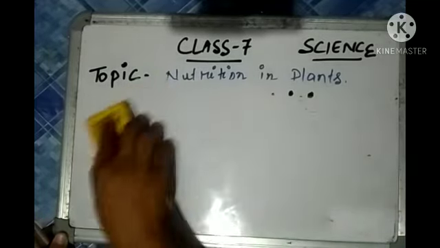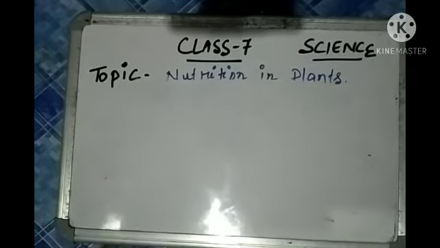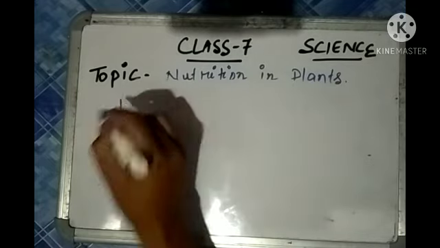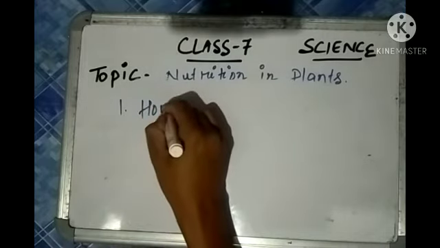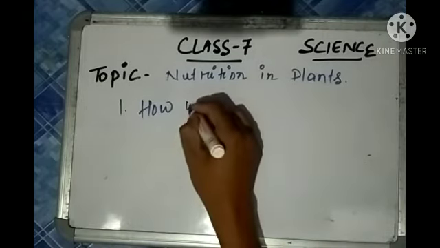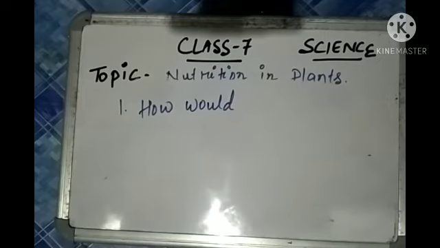Now, evaluation part. In order to check whether you have understood the topic or not, you have to evaluate yourself. So in order to evaluate, try to answer some questions which I am going to write on the whiteboard.